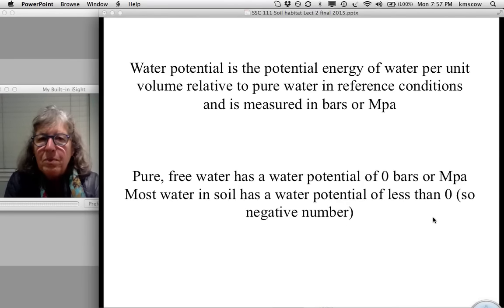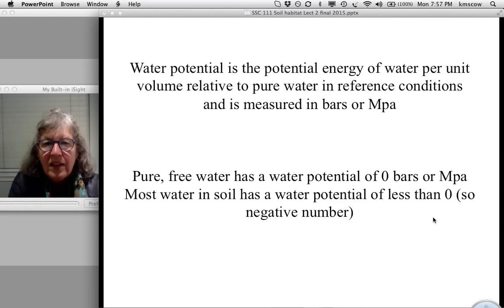Okay, so water potential is the potential energy, here's the definition, of water per unit volume relative to pure water under reference conditions. And we measure it in bars or pascals, like megapascals.